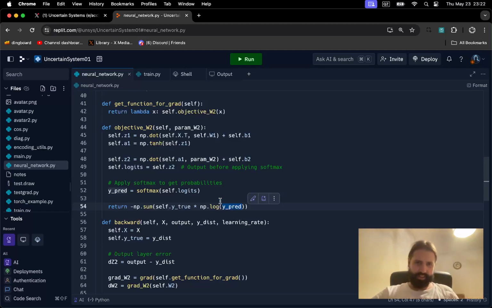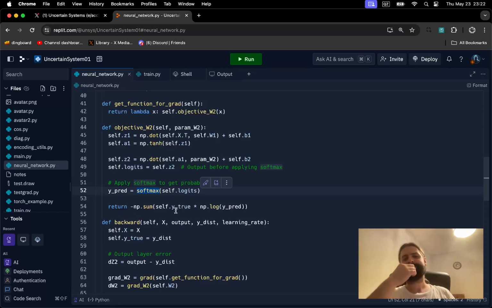I guess that's kind of the thing, because as you can see, softmax, in a way, yeah, softmax. It has to be done like that, unless this is somehow done differently. I don't know.